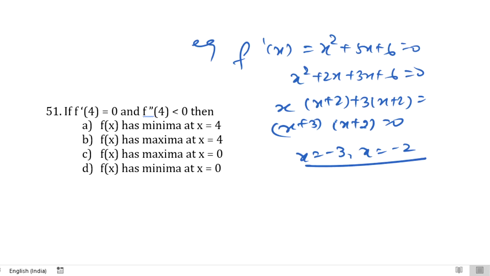These are the values of x which I need to substitute in f double dash x, and see whether I am getting the second order derivative as greater than 0, equal to 0 or less than 0. Here I am getting the second order derivative less than 0 at x is equal to 4. So the given function will have maxima at x is equal to 4. Is this clear? Okay, moving on to the next question.